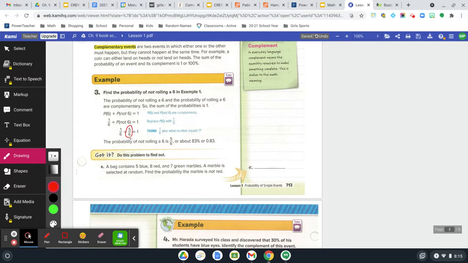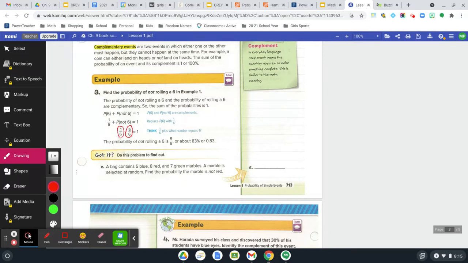Now we have found that probability. So now think about its complement, meaning what's the probability of rolling a 6? You're going to see right next to it here, the probability of rolling a 6 is 1 out of 6. So this fraction.